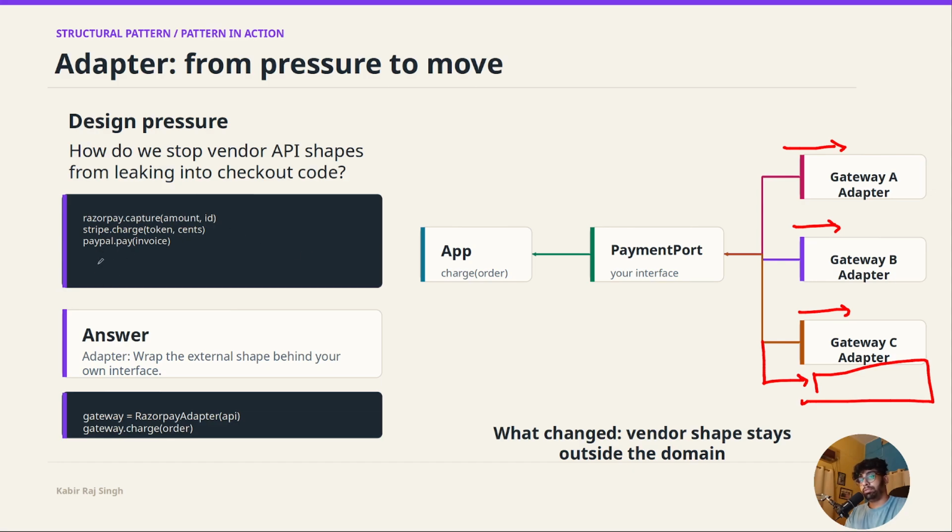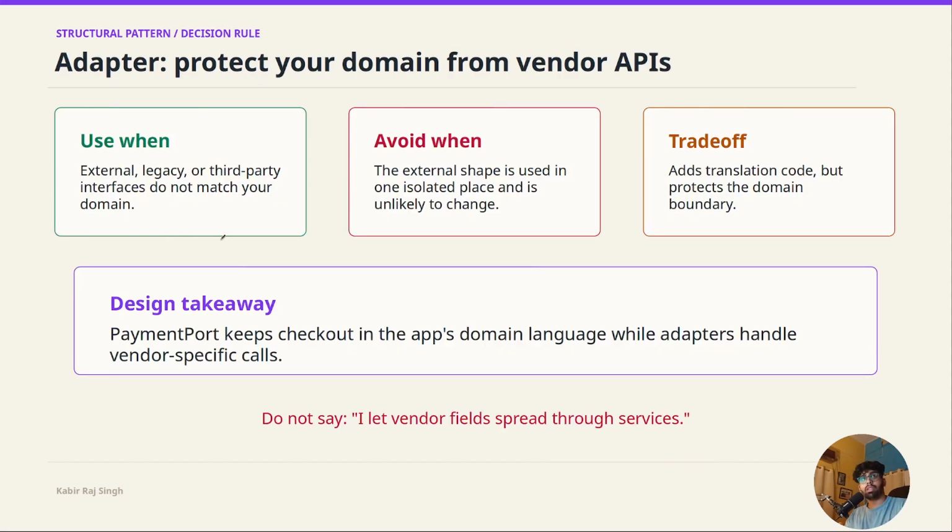And you see, if you have Razorpay, Stripe, and PayPal, you would want to wrap the external shape behind your own interface: Razorpay adapter, API gateway.charge order. And this internally adapts to all of the vendor specific APIs and calls them. Use it mainly when you have an external legacy or third party interface which does not match your domain.